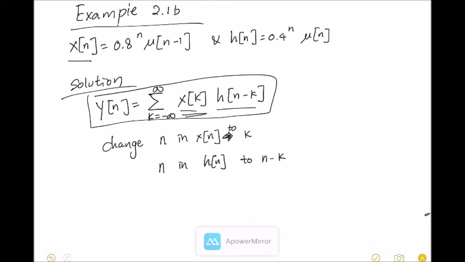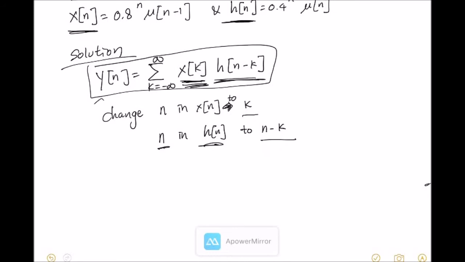You need to follow the formula. The formula says xk, so the n in the xn you change to k. And then for the hash n minus k, what you have only hash n, so you change the n in the hash n to n minus k. This is what you need to know.